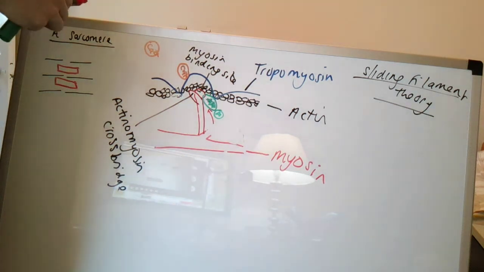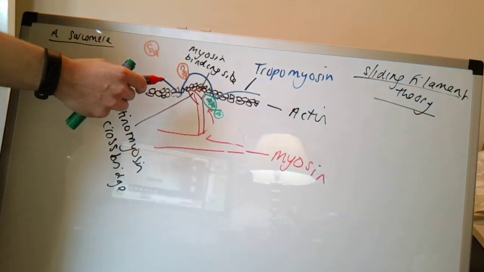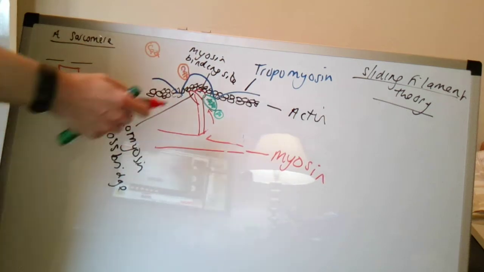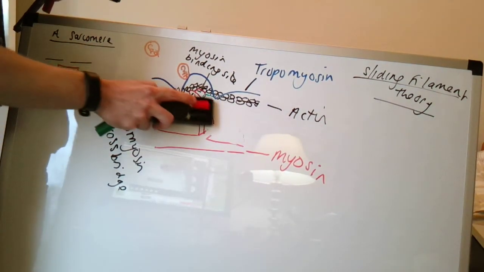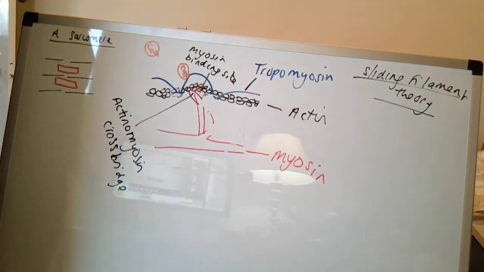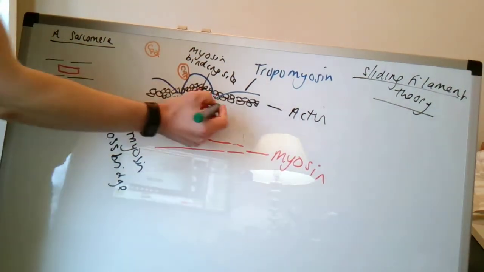What then happens is when the myosin head bends, because the protein has changed shape, it will then release the ADP and the inorganic phosphate from that molecule.